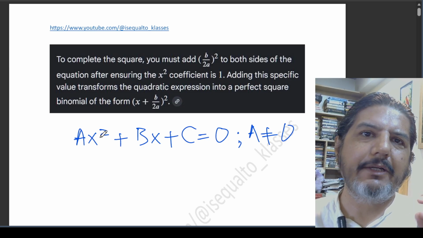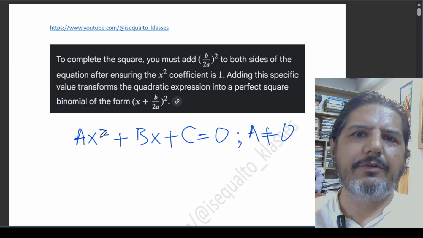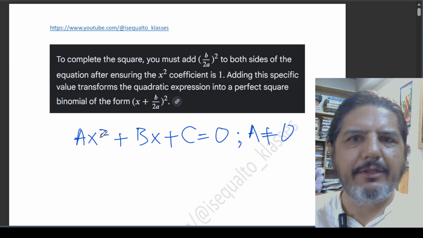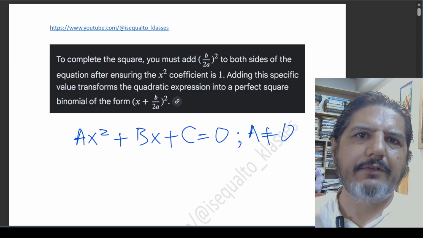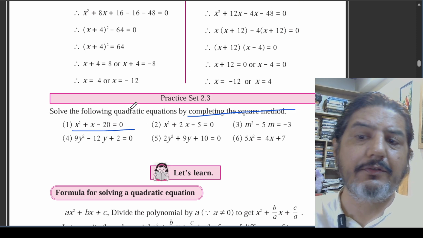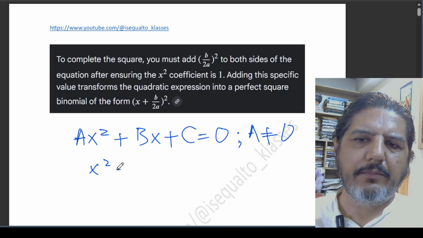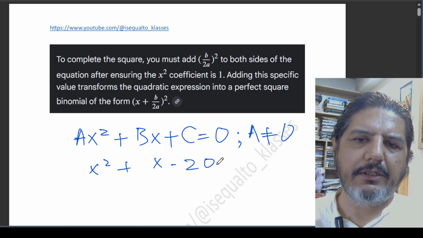Now, if I have to complete the square, the first thing you need to do is, given any equation, you put the given equation in this format. I'll give you an example. For example, x square plus x minus 20 is equal to 0.